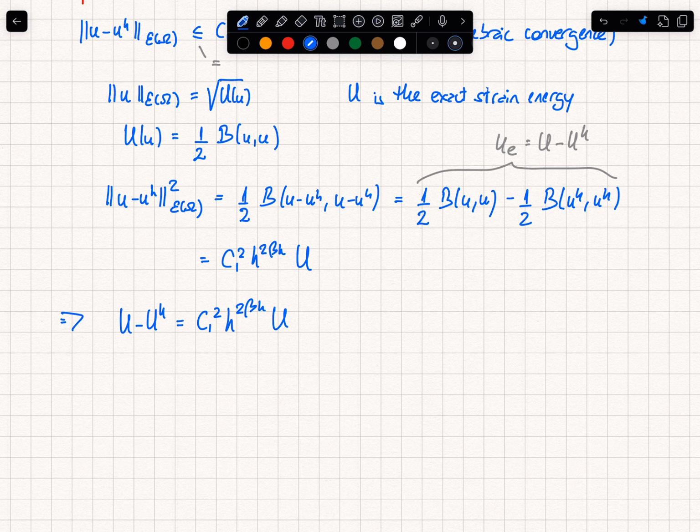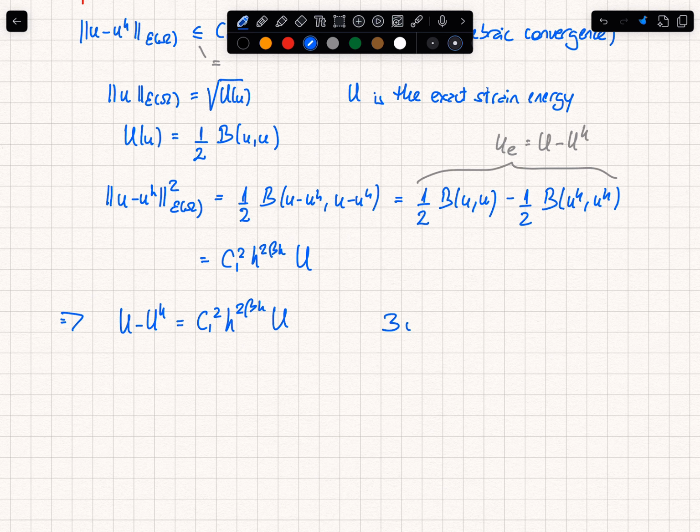All right, if we take a look at this, how many unknowns do we have? Three. What are the unknowns here? C1, beta H, and U. So how many equations do we need? Three.